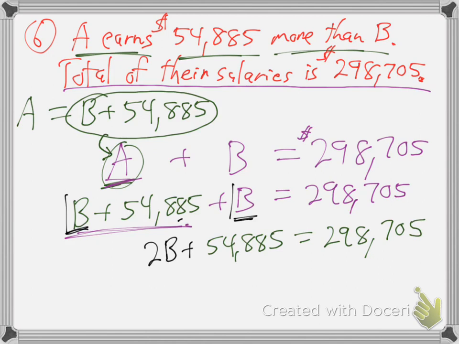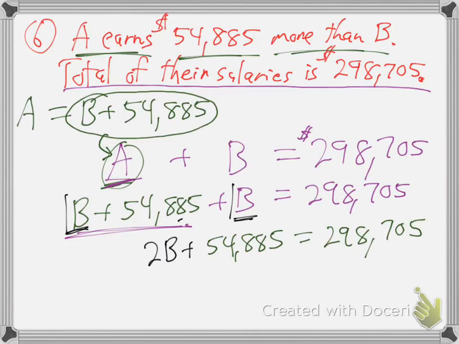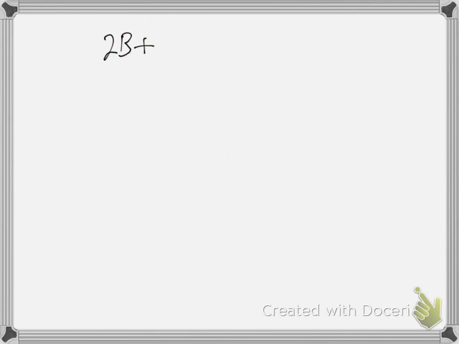See how the B and the B made 2B there? We go to a fresh screen. I'm running out of room. So it's 2B plus 54,885 equals 298,705.